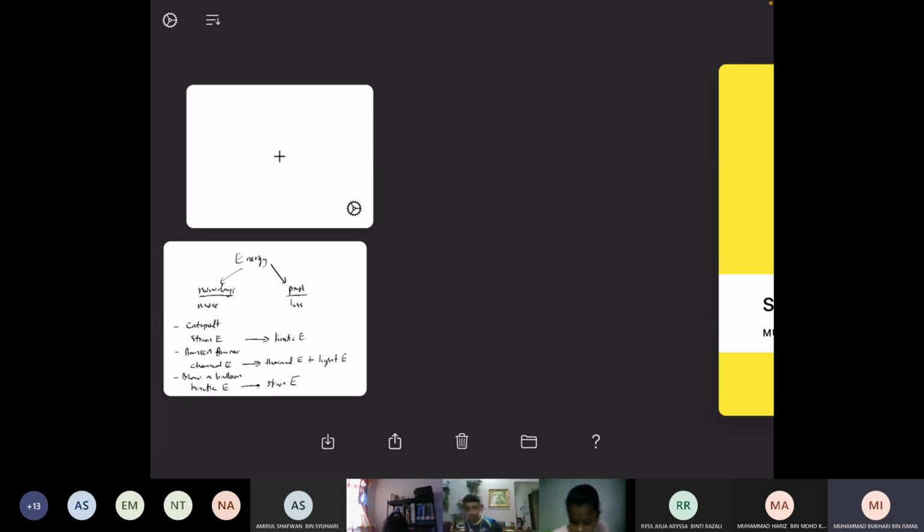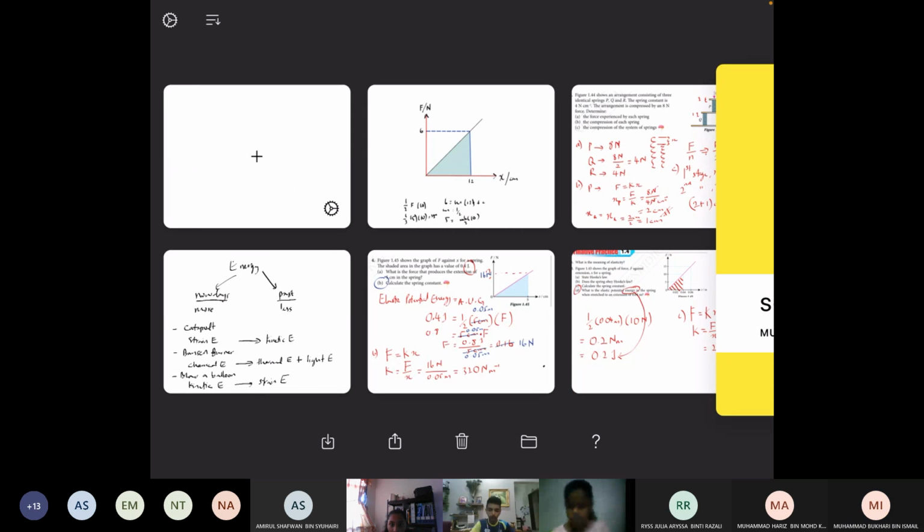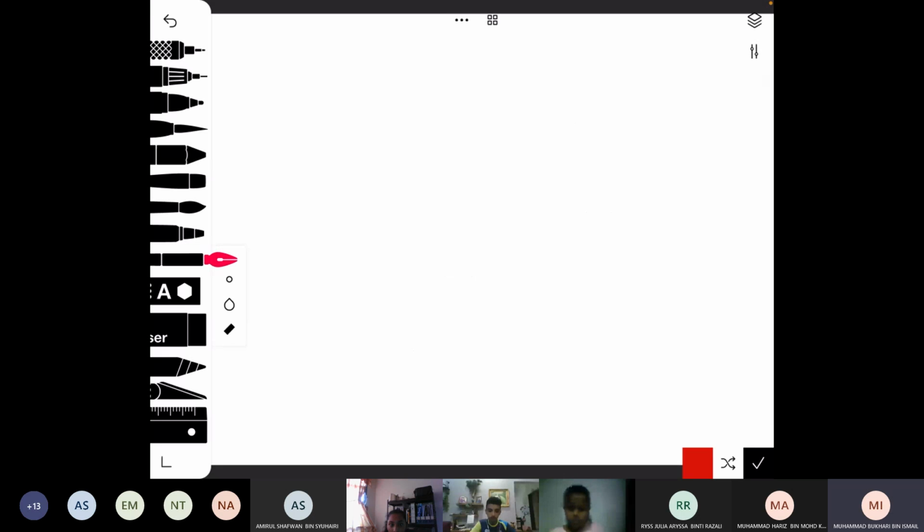Okay, next example. Taking a photograph.